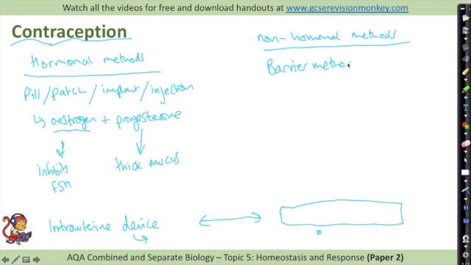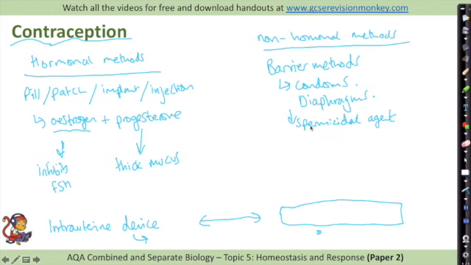so physical barriers to stop the sperm reaching the egg, and they include condoms and diaphragms. And you sometimes would want to use those with a spermicidal agent. That just increases your chances of not getting pregnant and just adds that extra layer of protection.